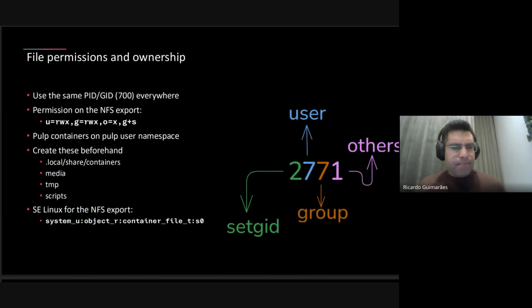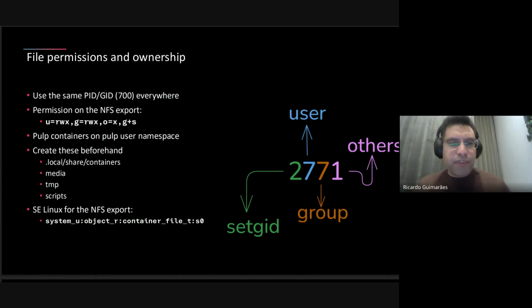We also had a few problems with permissions and ownership. But essentially what we did is ensure that everywhere we have a Pulp user, you are going to have the same UID and GID. And then you can have a very restrictive permission for others and a very lenient permission for the Pulp user and Pulp group. That's basically the bottom line.